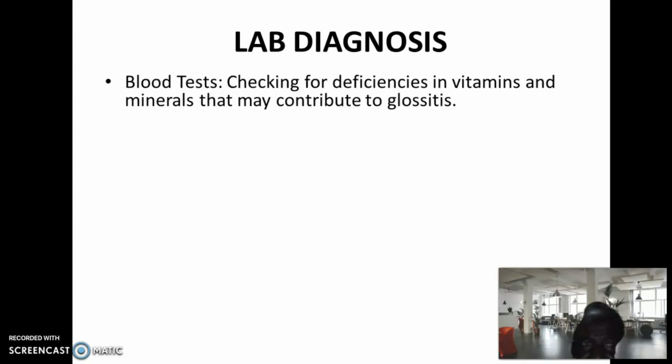Diagnosis. The blood test we do, we check for the deficiencies in vitamins and minerals that may contribute to glossitis. You can always count on the chemistry department to do these, very big machines, industrial machines at times.